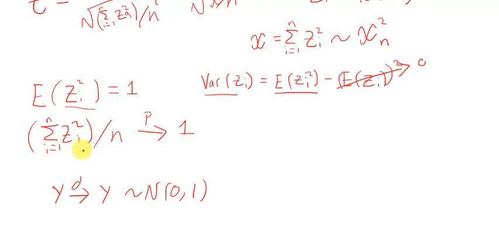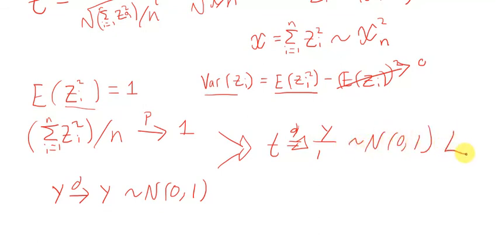And the sum of Zi squares divided by n, their degrees of freedom, converges in probability to 1, which means using Slutsky's theorem, we have that T converges to Y over 1 in distribution, which is a standard normal random variable. And that's the end of the proof.